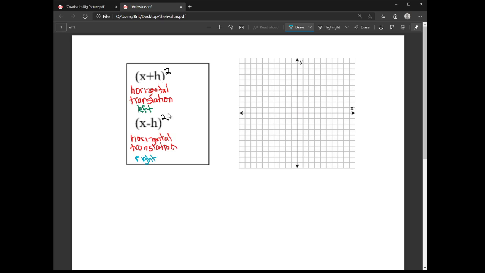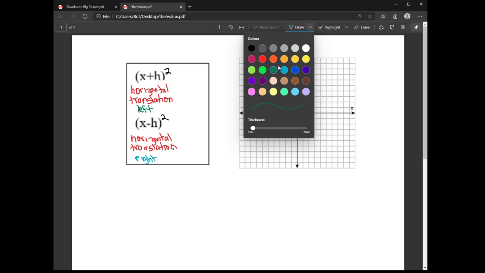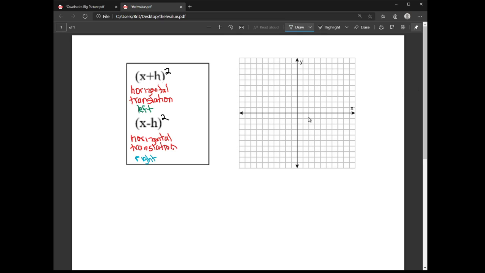Now the reason for this is because the h value is the value being subtracted from x. Okay, so because there's that negative that is inside of the equation as is, that's what causes this kind of flip in directionality.